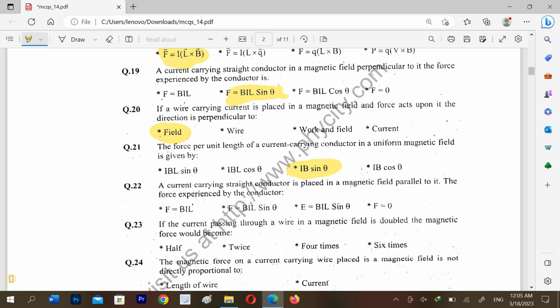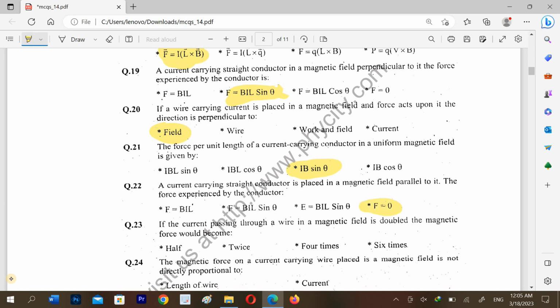A current carrying straight conductor is placed in a magnetic field parallel to it. The force experienced by the conductor is F equals 0.